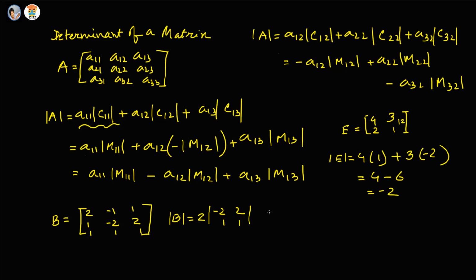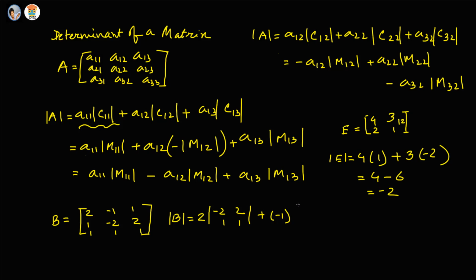Then we have plus the element minus 1, and the cofactor will be equal to the negative of the minor, because this element has an odd position. That means if you add the row number and the column number of this element, you will have an odd number.